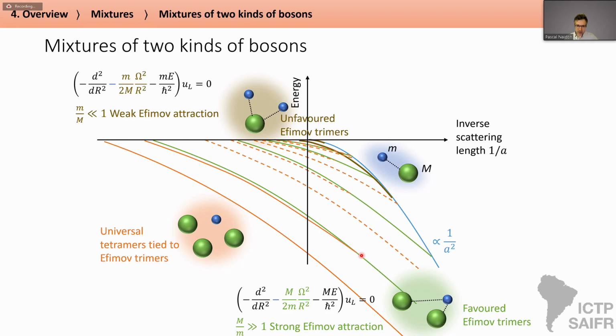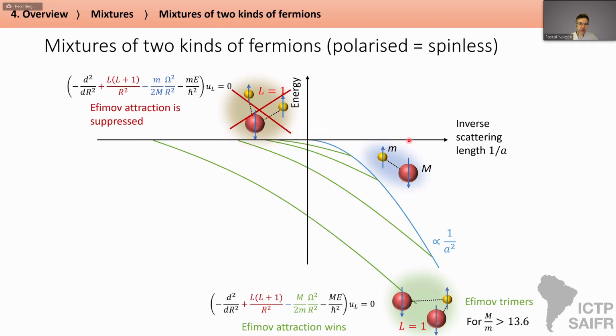Yeah, so this is similar to what happened for the 3 identical bosons. This excited state can dissociate into the trimer and a 4th particle. Right, so this is for the case of 3 heavy bosons and 1 particle.